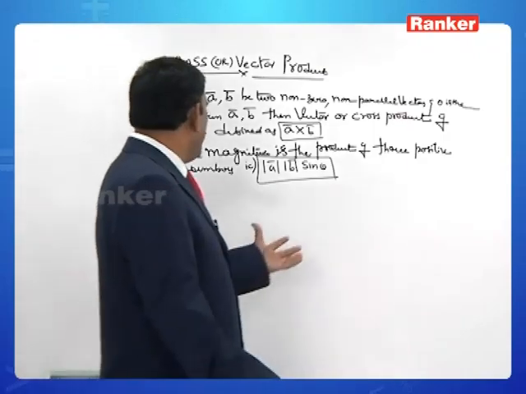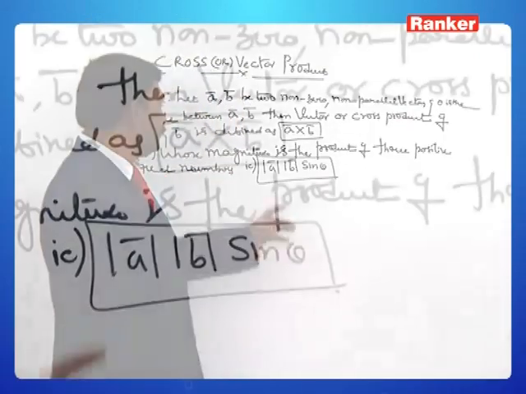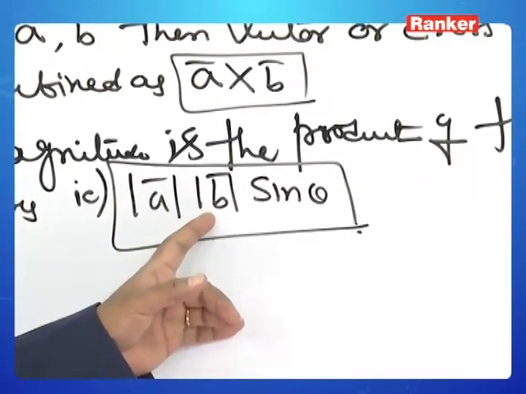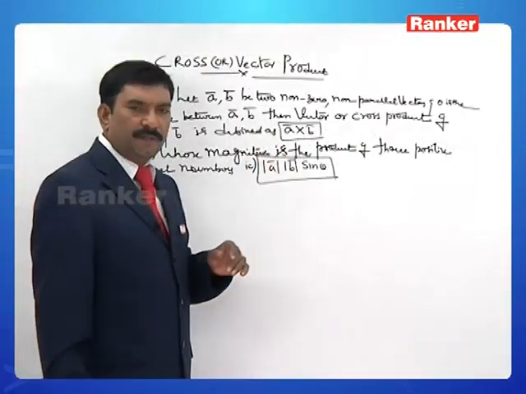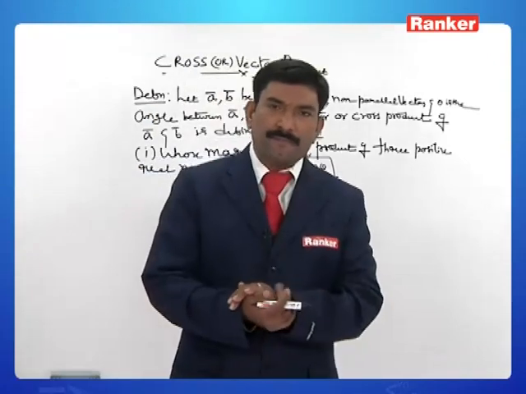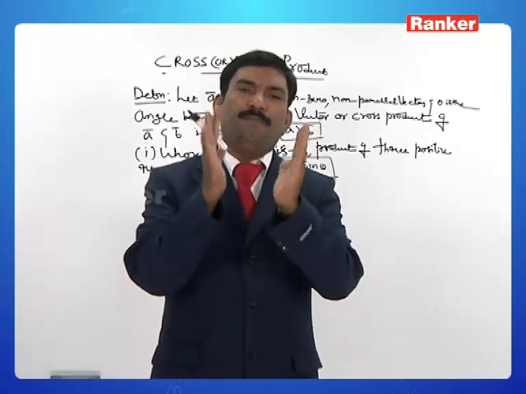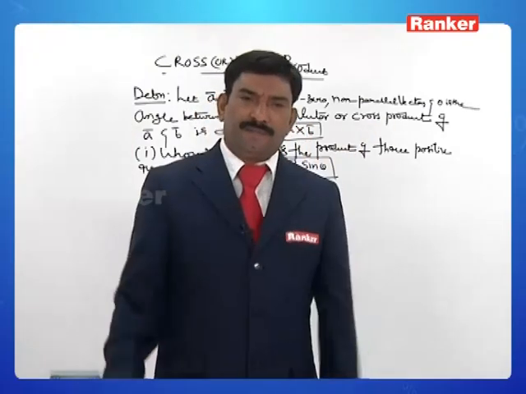Now mod A bar is a positive quantity. Mod B bar is also a positive quantity. Sin theta also is a positive quantity. Whose magnitude is the product of three positive real numbers.